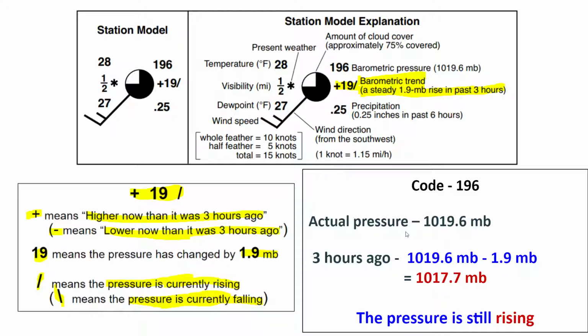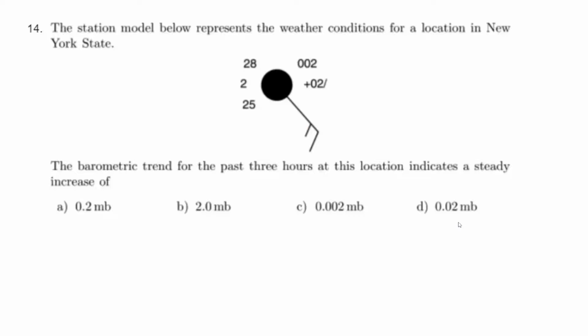So if I want to know what the pressure was 3 hours ago, I just take what I have, 1019.6 minus 1.9, and that gives me 1017.7 millibars. That means the pressure 3 hours ago was 1017.7 millibars, and the pressure is higher now by 1.9 millibars, and it's still rising, and now the pressure is 1019.6.